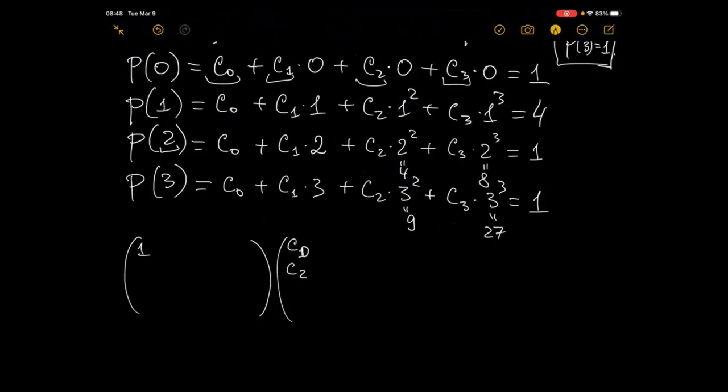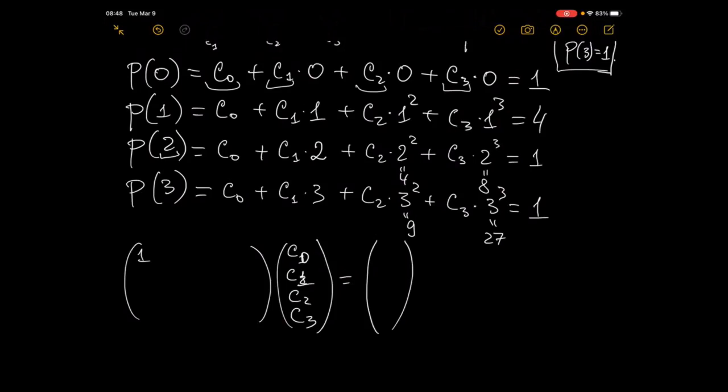Could you tell me what will be the first line in the matrix? Just coefficients here, right? Would it be 1, 0, 0, 0?